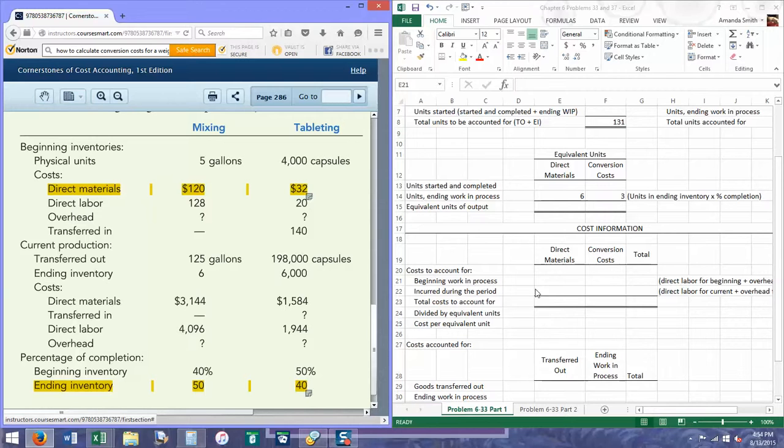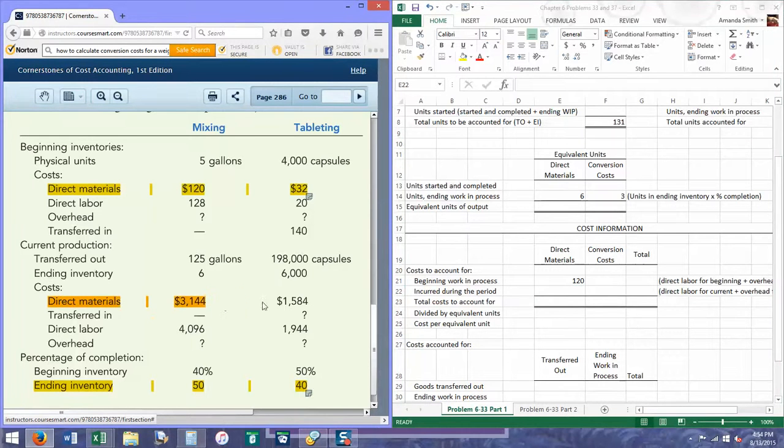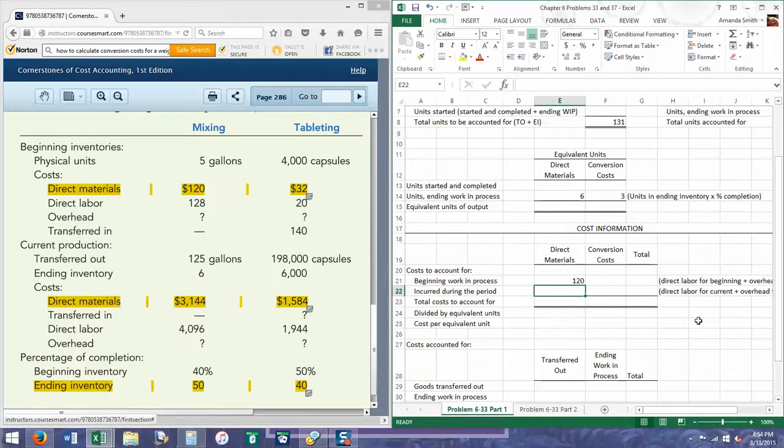In this case, it's $120. Costs incurred during this period, which would be direct materials under current production, in this case would be $31.44. And then you would do the math. You're going to add these two amounts, divided by the equivalent units.